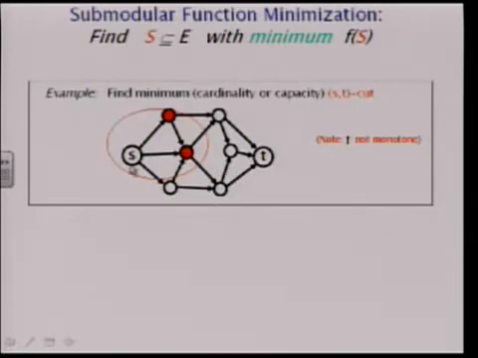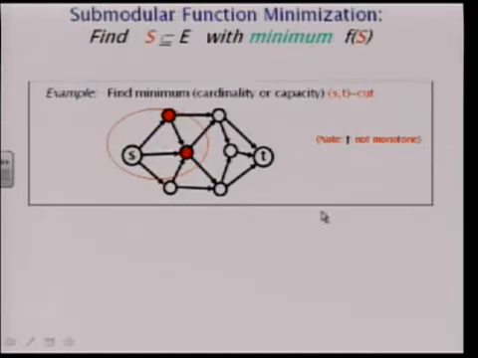For instance, here's S, here's T, and this is a directed graph. You can always transmit something from S to T through intermediate nodes. You can go from here to here to here and then to T, based on the arrow direction.